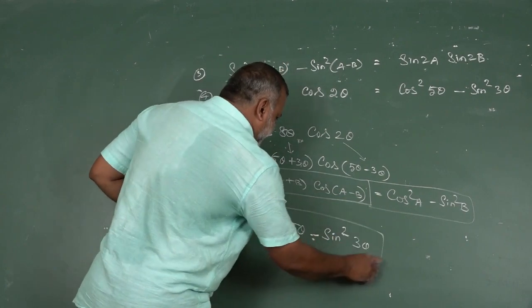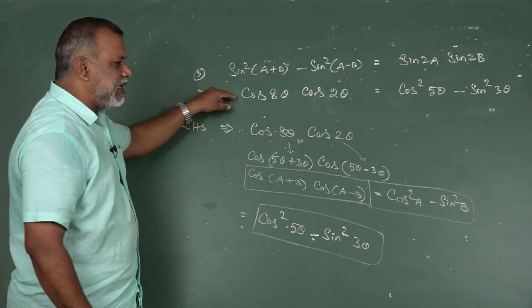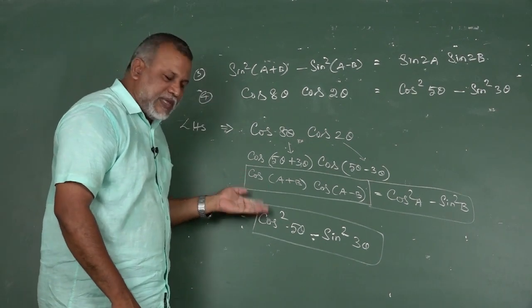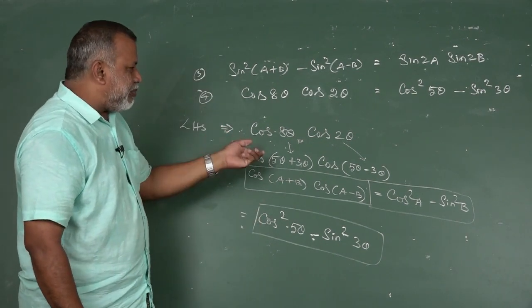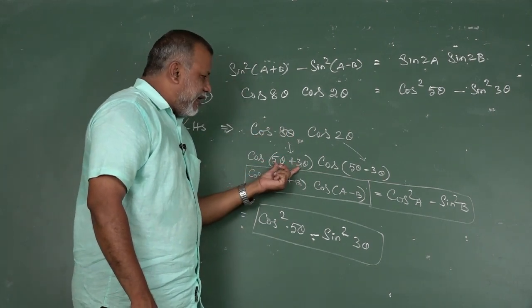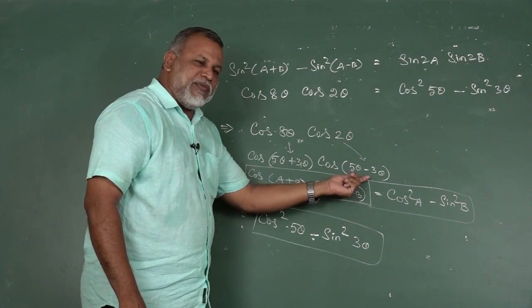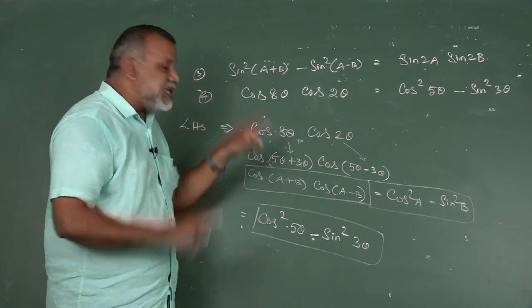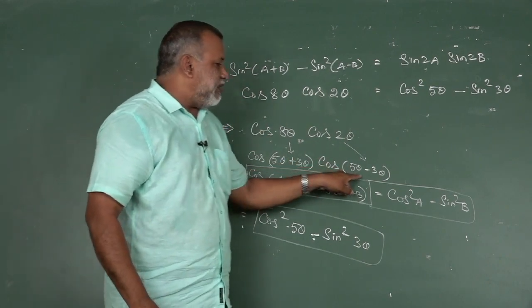This is a simple problem. So I am taking the fourth question because we are using the knowledge of the second problem. Very simply you can identify this 8 theta can be put in the form of 5 plus 3, and 2 theta can be put in the form of 5 minus 3. Immediately you can use your knowledge. It is in the form of a plus b, and it is in the form of a minus b.